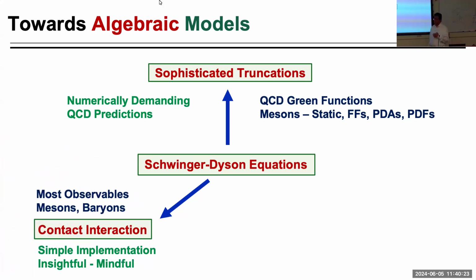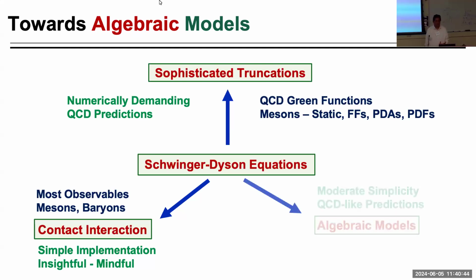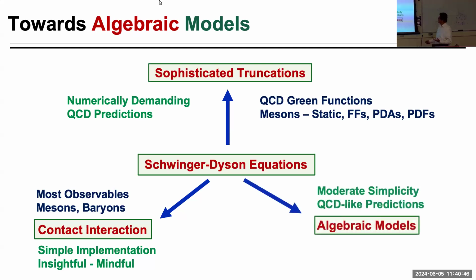But for example, you can study the mass spectrum of baryons, light and heavy baryons and their excited states, and all these results are quite good, within 5-10% of the experimental results. Now, lately, what we have tried to do is to find a bargain between these two approaches, and what we have been working on for the last few years are called algebraic models.